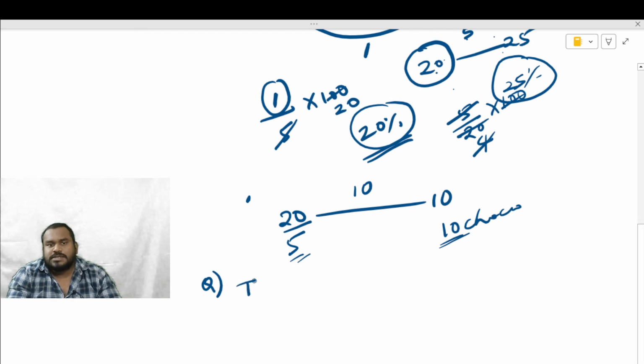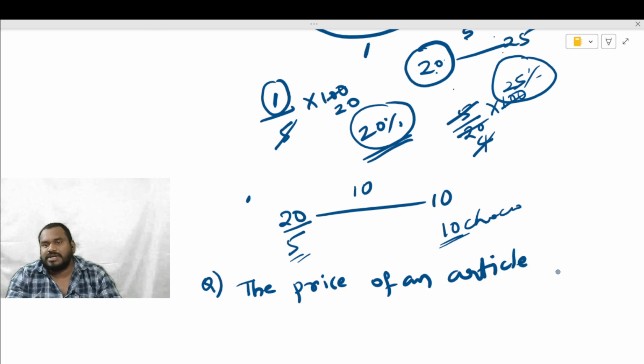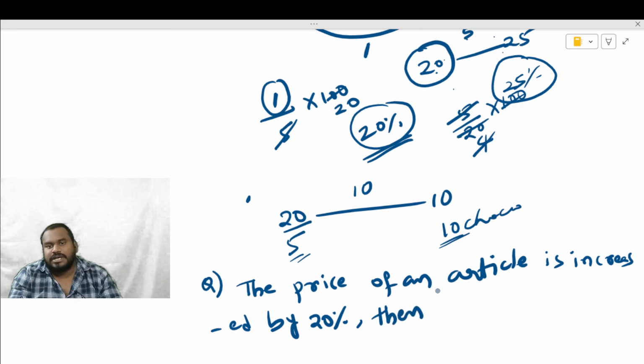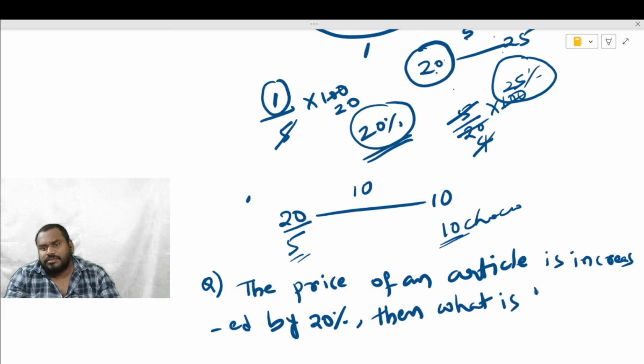Suppose the price of an article, when I say article, I mean a thing or some instrument, is increased by 20%. Then, so this article is eatable, we'll say some sugar or something, biscuit, something.